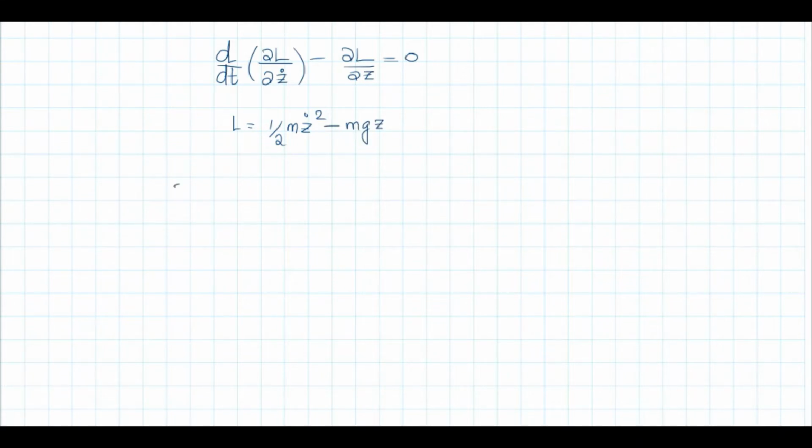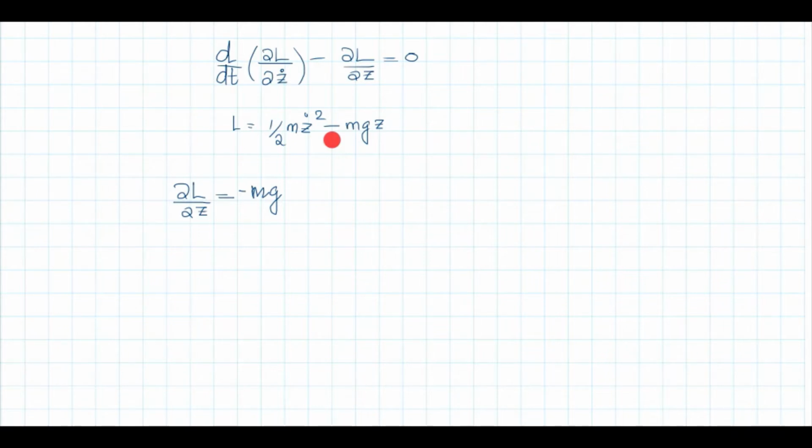So we can easily find the partial derivative with respect to z as well as the partial derivative with respect to z dot. The partial derivative with respect to z is simply minus mg, because since it is a partial derivative, you can treat all other terms as constant except z.